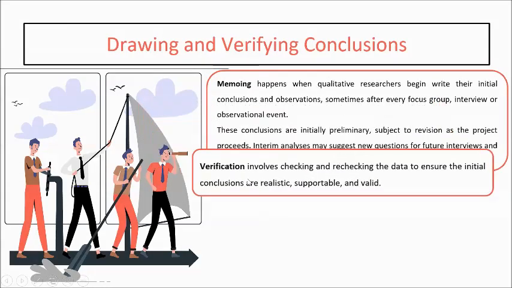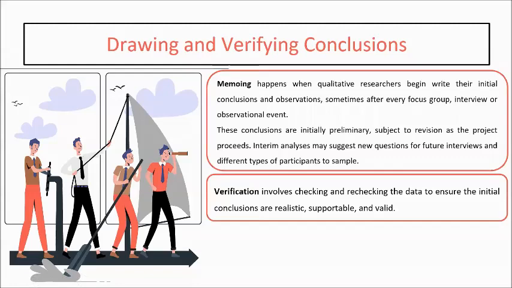Next, we have verification. After memoing, for example after you interview, you give conclusions. After that is verification. It involves checking and rechecking the data to ensure the initial conclusions are realistic, supportable, and valid. You make sure that your initial conclusion is correct or valid.